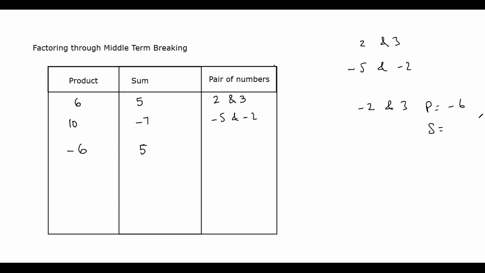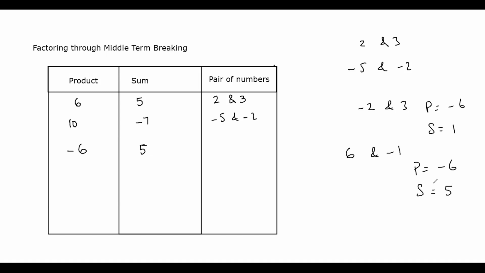Is that 5? No, 1 and 5. Yeah, the sum is 1. So this is not the required pair, which has a product of minus 6 and the sum 5. So what, Sir? Then 6 multiplied by minus 1? Exactly. This is 6 and minus 1.